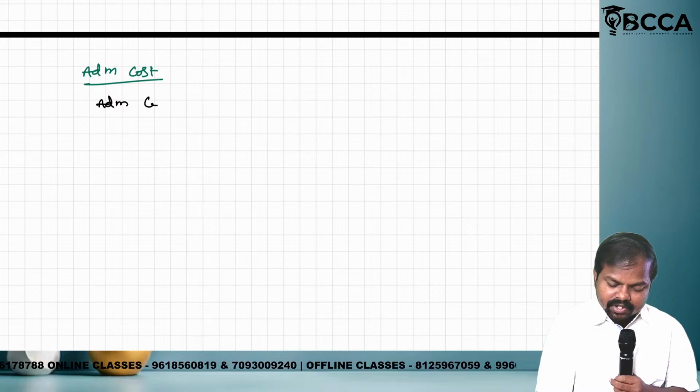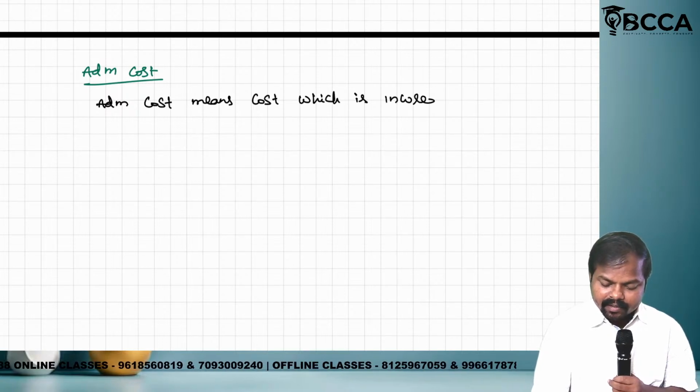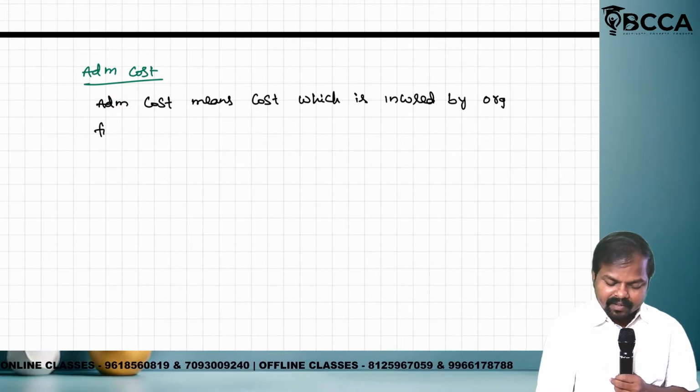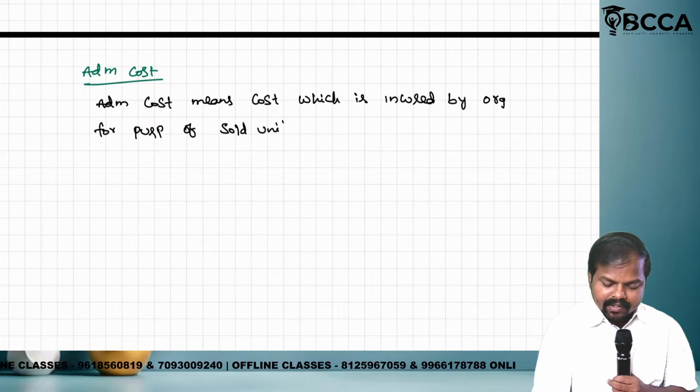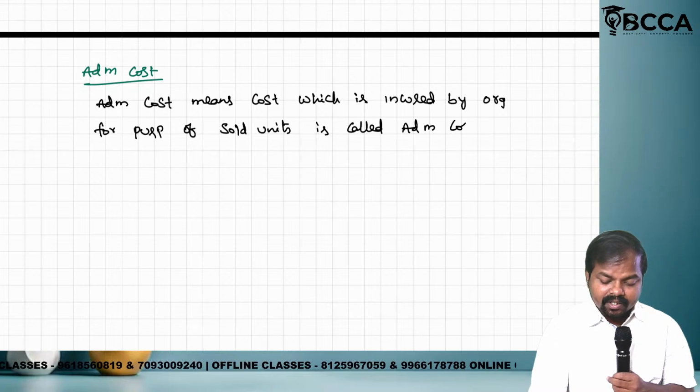Administration cost means cost which is incurred by the organization for the purpose of sold units, not manufacture. That is called administration cost.